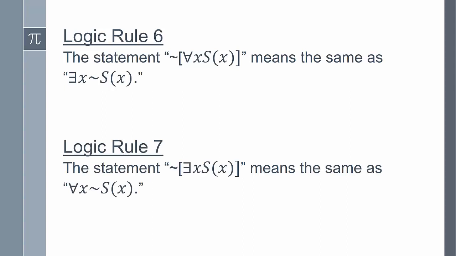Similarly, for the negation of an existentially quantified statement, logic rule 7 says that the negation of there exists X, S of X means the same as for all X, the negation of S of X. To deny that there exists an X having some property S of X is to say that all X fail to have property S of X.